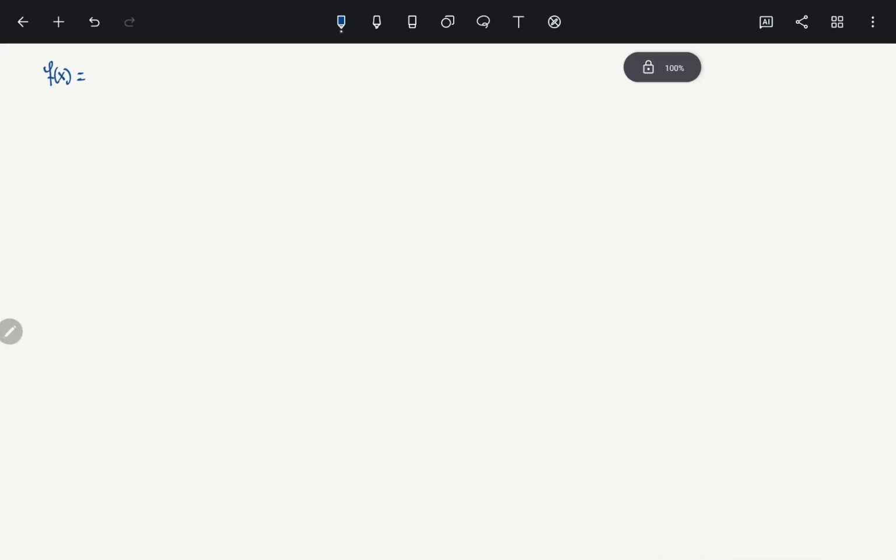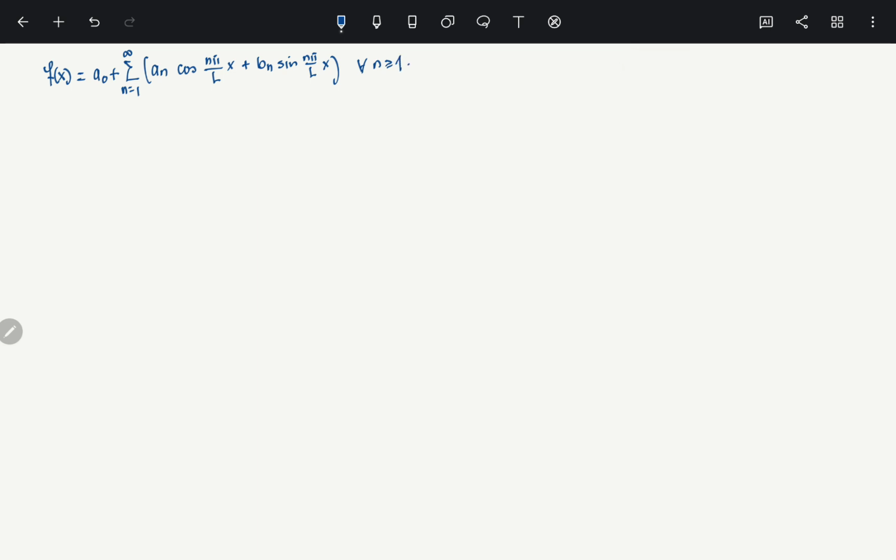This will be a naught plus the sum n equals 1 to infinity of an cosine n pi by L x plus bn sine n pi by L x. Is it okay? And this holds again for all n greater than or equal to 1.